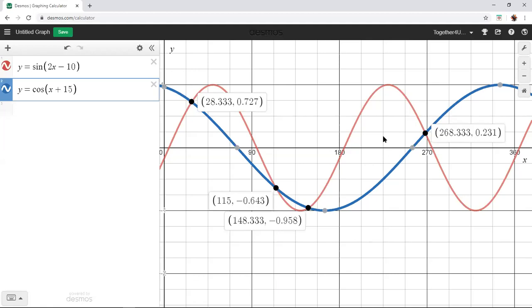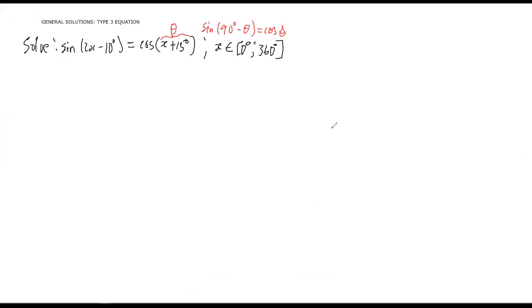So let us see the power of solving general solutions. I'm going to start by using this little trick of the reduction formula. I'm going to rewrite cosine in terms of sine, and I'm going to have here sine of 90 minus. Now, very careful, guys. Check how I'm going to write this.